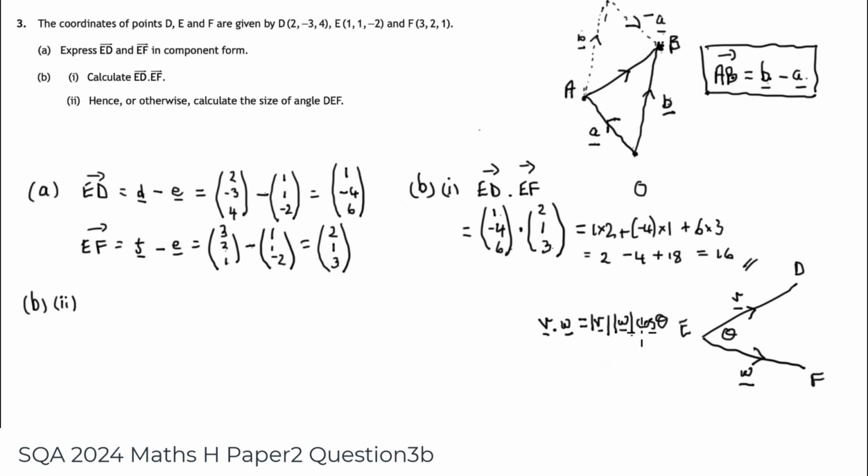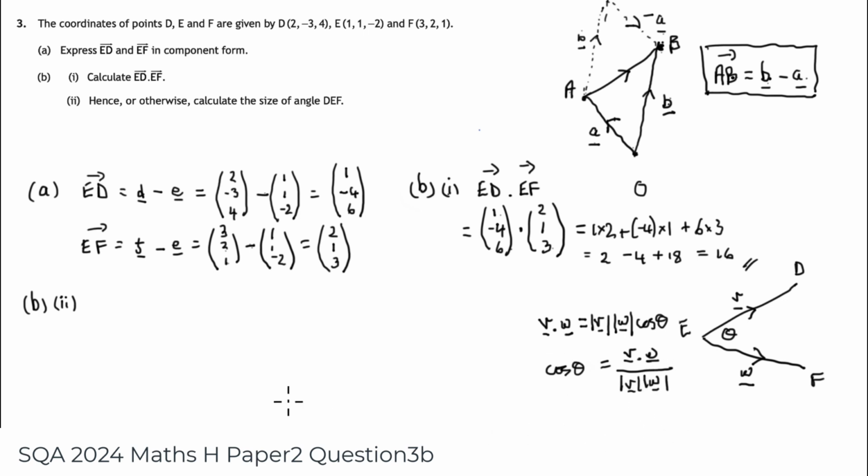So to get the cosine of the angle between these two vectors, we just need to divide both sides by the length of V times the length of W, the magnitude of V times magnitude of W. So that would be V dot W divided by the product of their magnitudes.